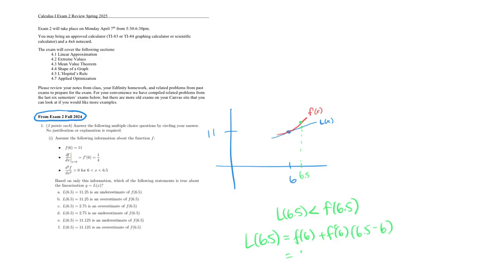So f of 6 is 11, plus the rate of change is 1/4, times 1/2. So that is 11.125. So L of 6.5 is 11.125, and that is an underestimate. So the correct answer is E.